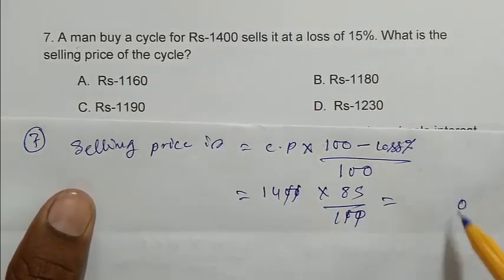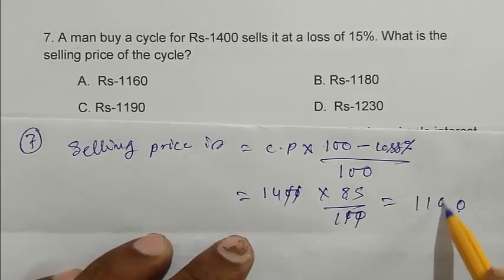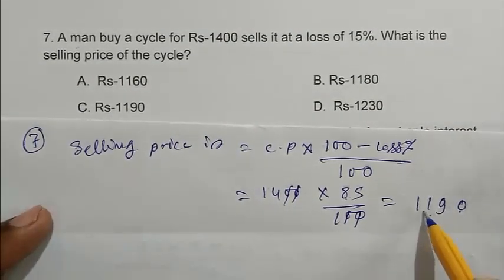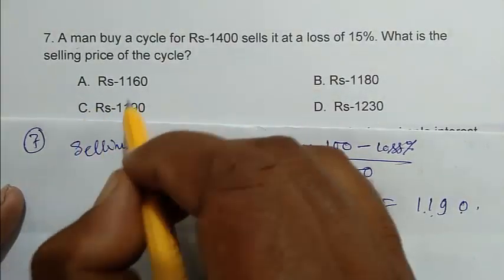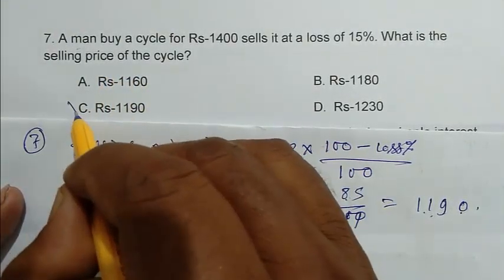So 1190. So the selling price of the cycle is 1190. C is the right answer.